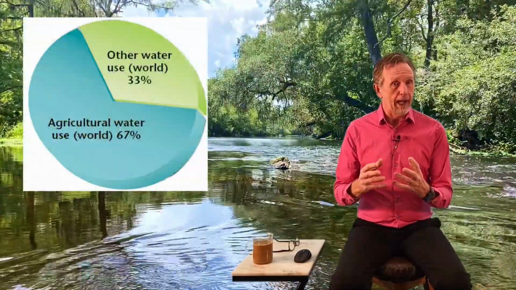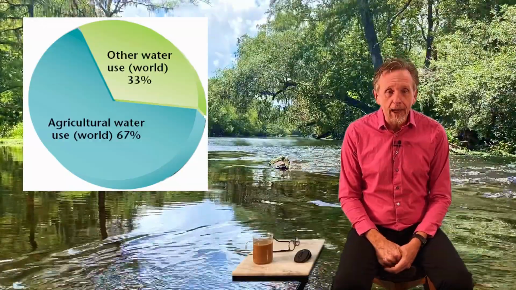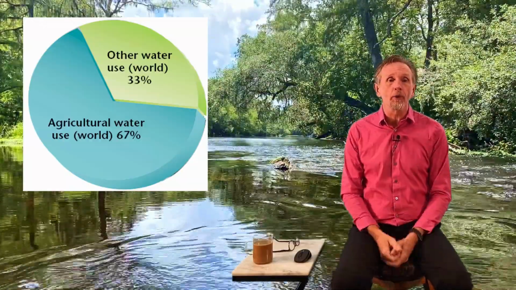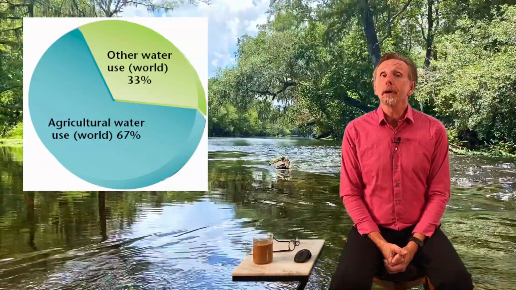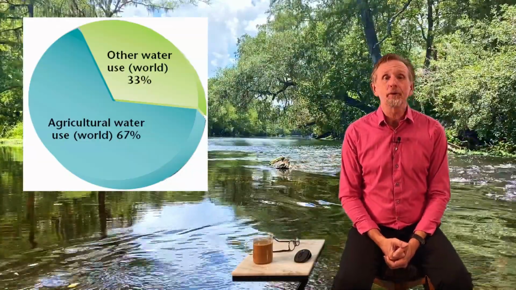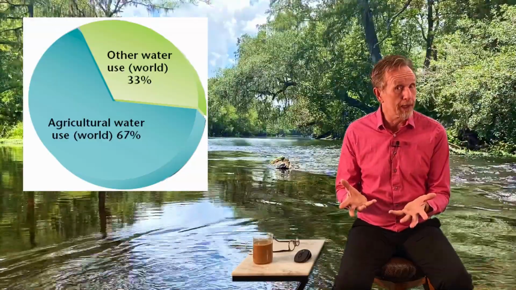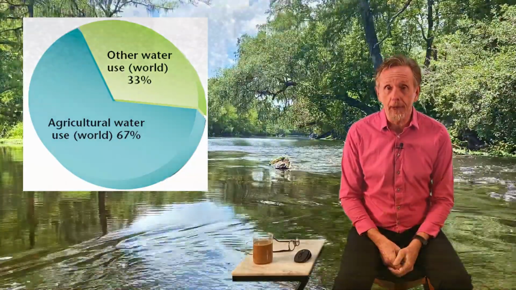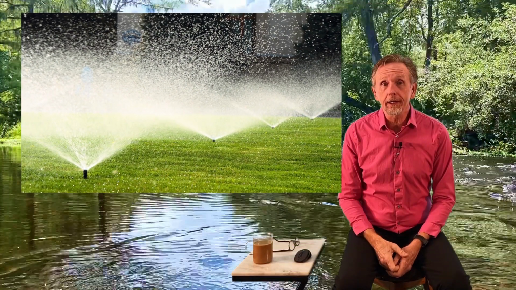Then we get to agriculture. Now the numbers are actually 67% in agriculture used around the world, and plants just require a lot of water. But as much as 80% of the water that we use to water our plants with winds up evaporating. Because how do we typically water plants, right? We sprinkle it on the top. Where does the water need to get to?